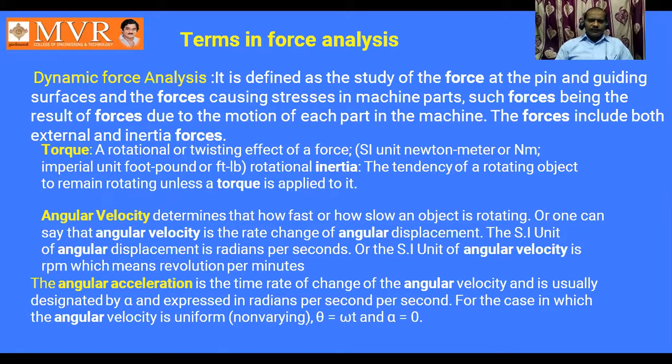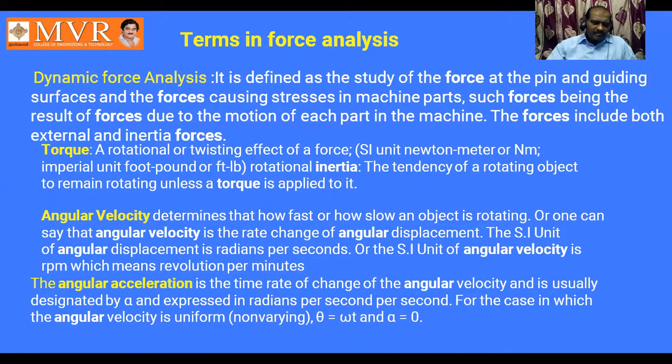The tendency of a rotating object to remain rotating unless a torque is applied to it is called rotational inertia. I repeat, torque is a rotational or twisting effect of a force.